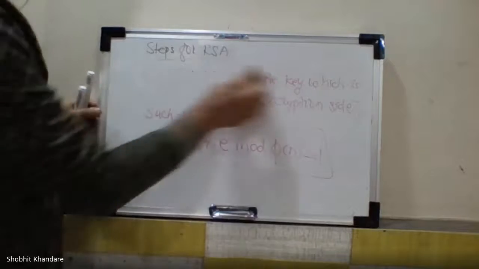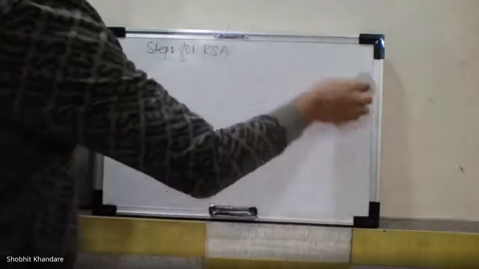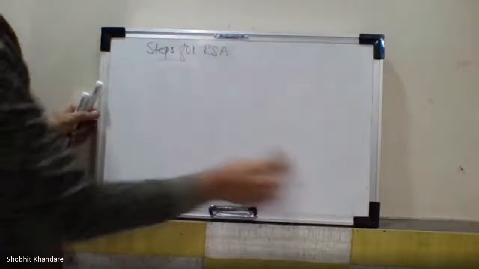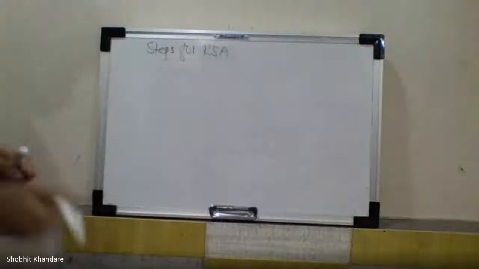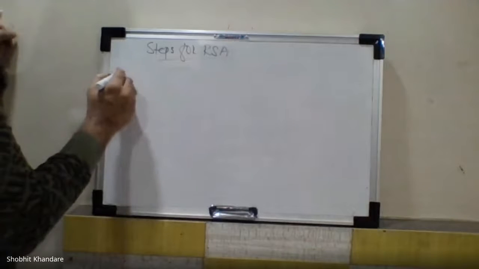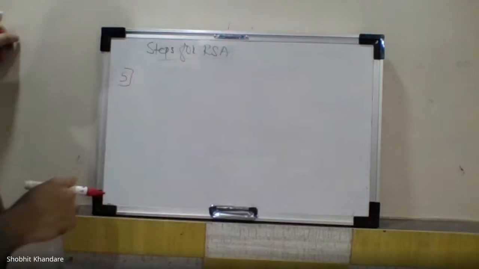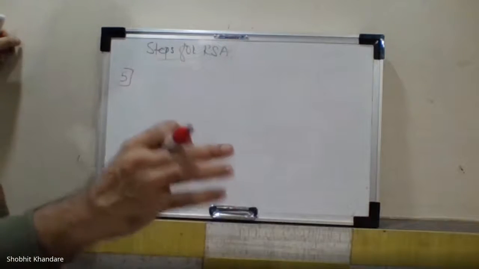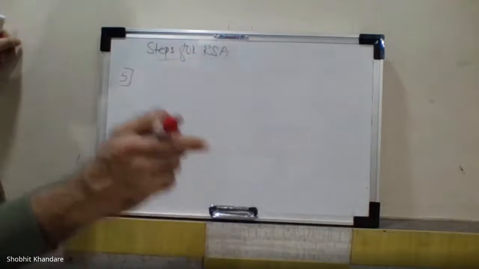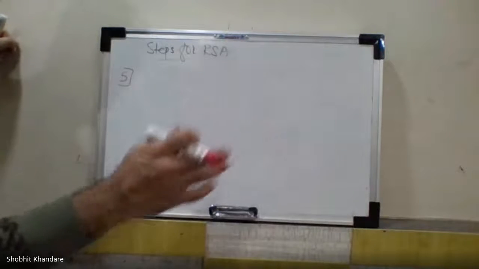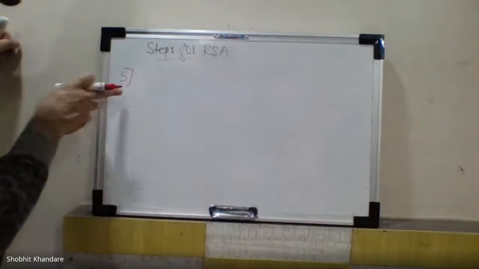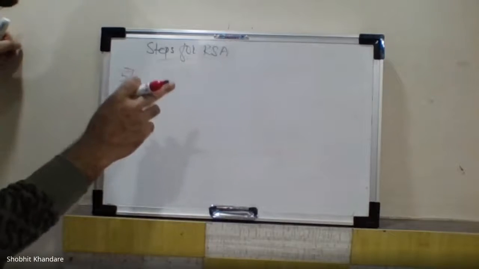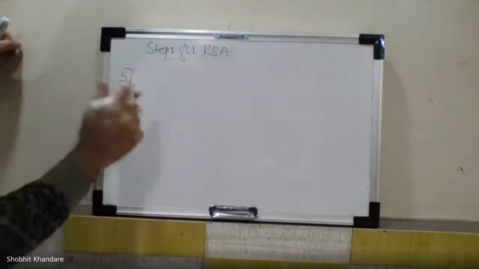Okay, step number 5. No calculations, just to understand. We have now got the public key and the private key. But how do you write down the public key and the private key? So the fifth point is to write down the representation of the public key and the private key.